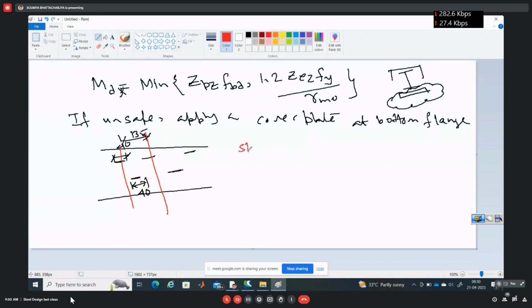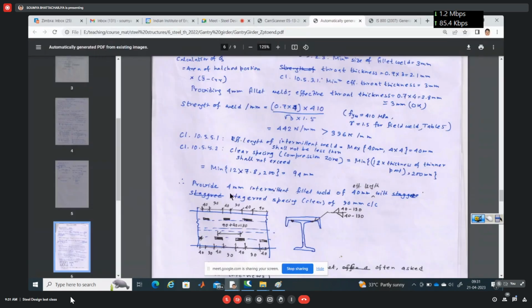So the strength of the intermittent weld is equal to 2, there are two such welds. The length is 40, so let me call this L, and the strength of this is 442 Newton per mm.